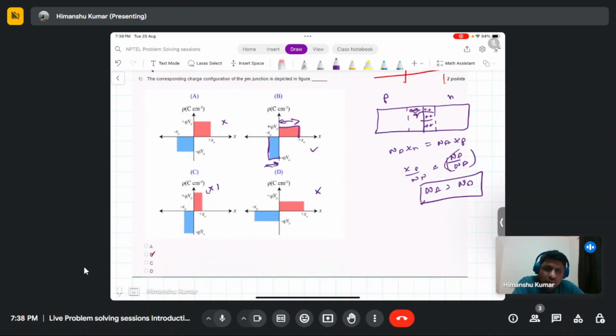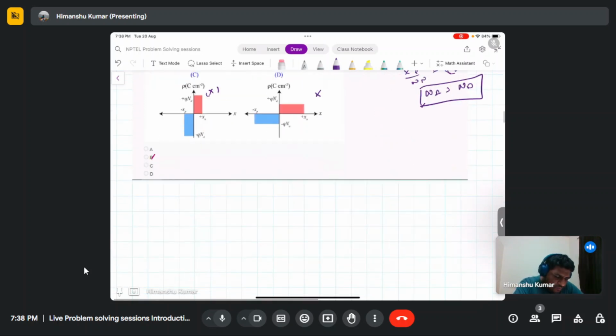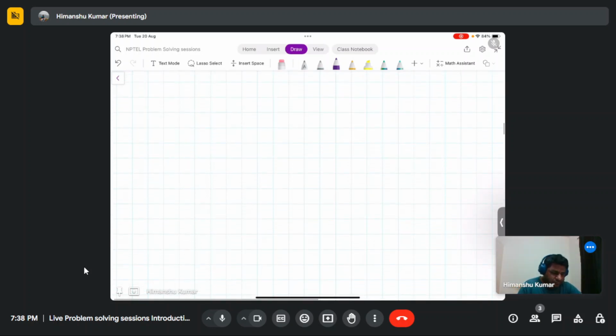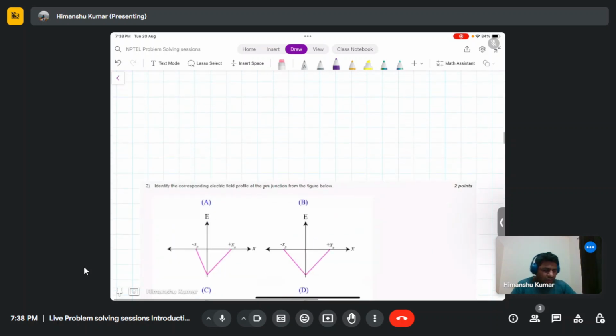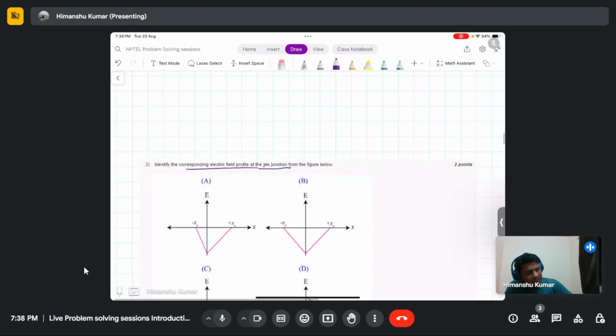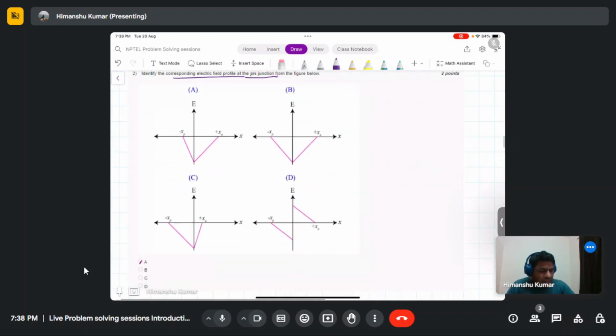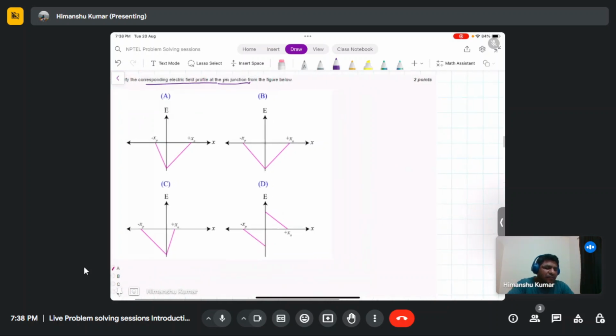Okay, so let's move to the next problem. Identify the corresponding electric field profile in the PN junction in figure 2. So how do we get the correct field profile? Basically, now we have the charge profile.